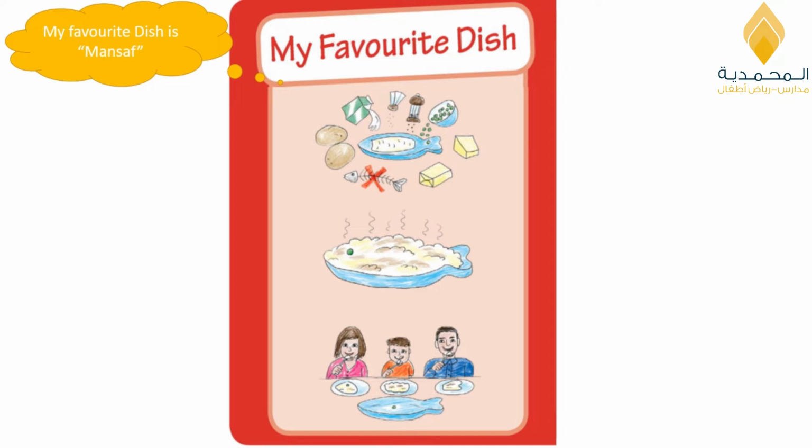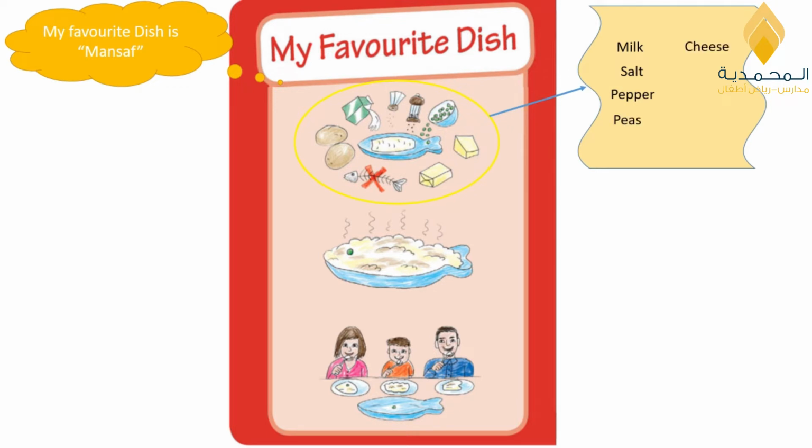Excellent. Now, take a look at this picture and tell me what can you see? Milk. Excellent. Salt. Pepper. Peas. Cheese. Butter. Fish. Potatoes. We call these ingredients. Repeat after me.